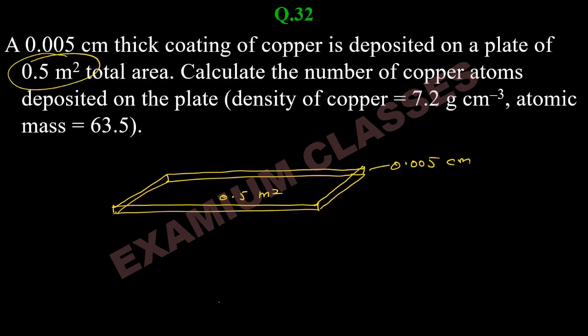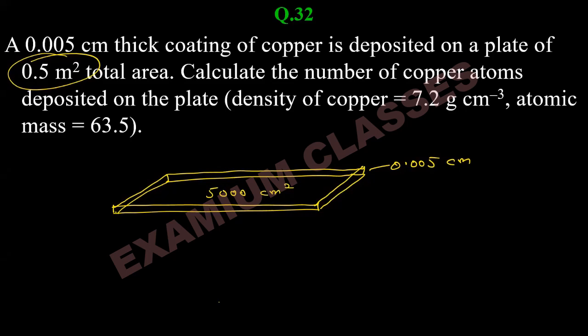Both the units are not the same, so you will convert the larger into the smaller unit here, because otherwise the calculations will be in too many decimal places. When you convert meter square into centimeter square, that means 100 into 100, you need to multiply by 10,000, so it will be 10,000 into 0.5, 5,000 centimeter square.